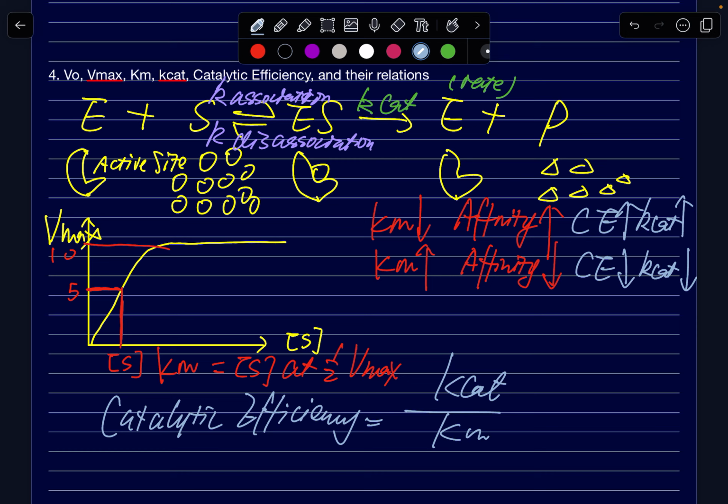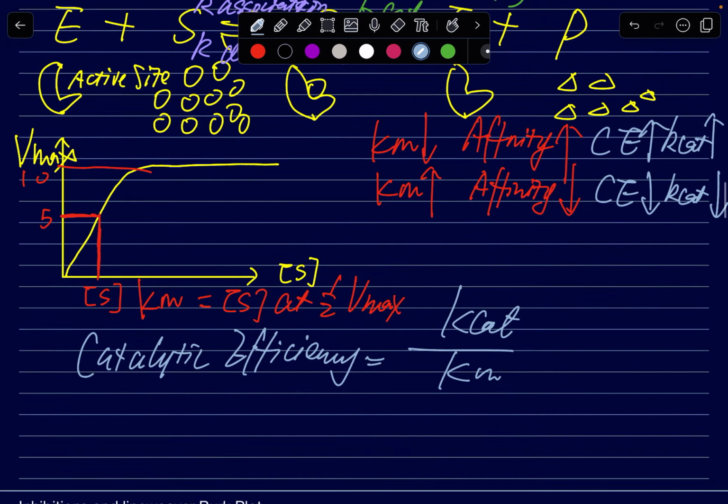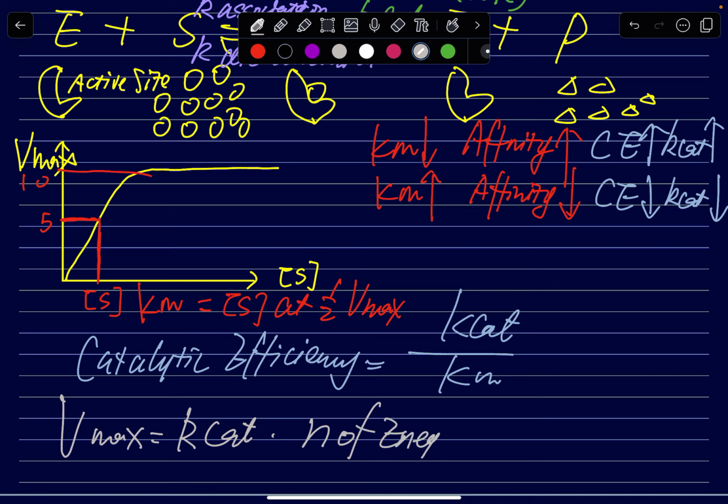Besides these, on the MCAT you may also see something that you don't see in your biochemistry class, which is Vmax equals kcat times the number of enzymes.